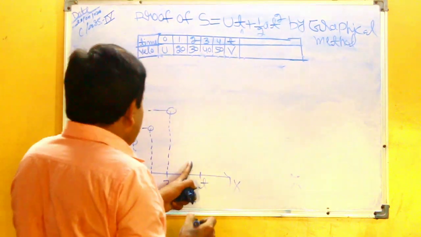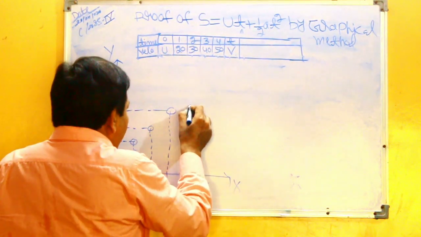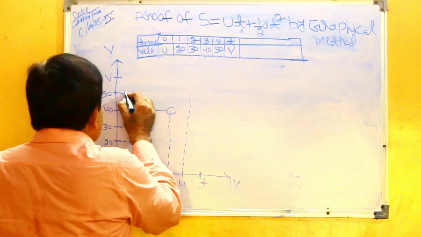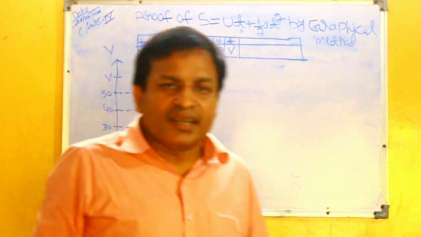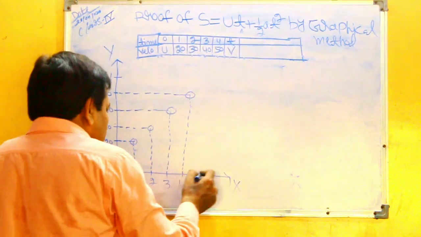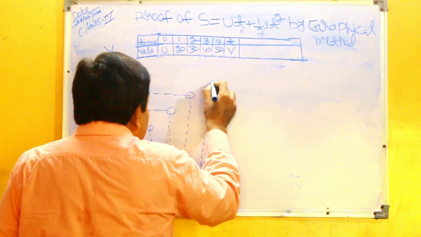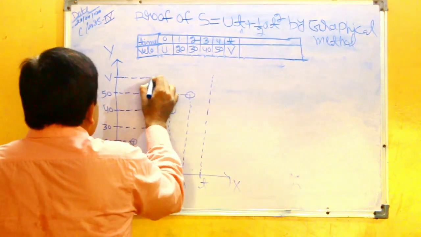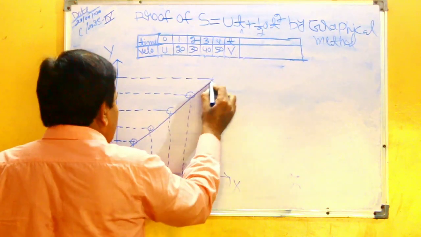And when time is 4 seconds, velocity is 50 meter per second. And finally, when time is t second, the velocity is v meter per second. So now the graph is completed. Now we join all the points.